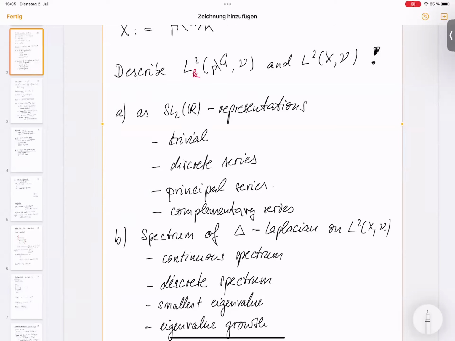So the classification of SL2R representations is very well known, and there's the question of which of those representations appear in these L2 spaces.